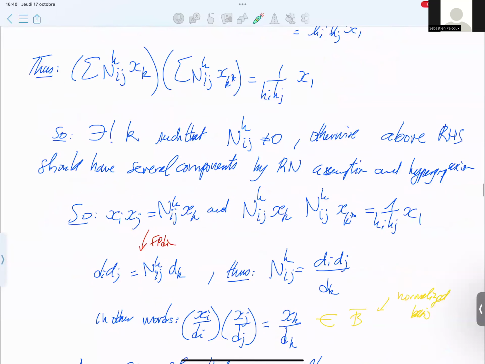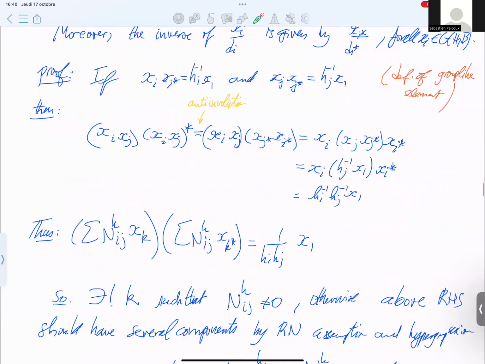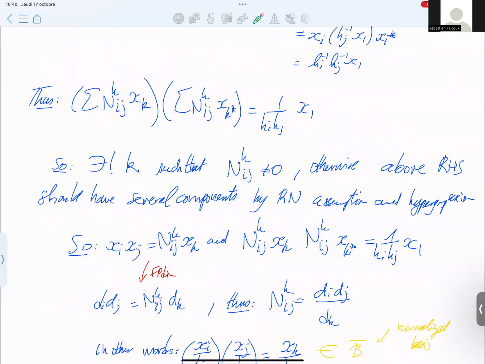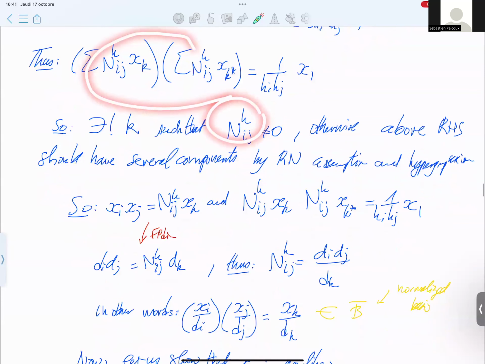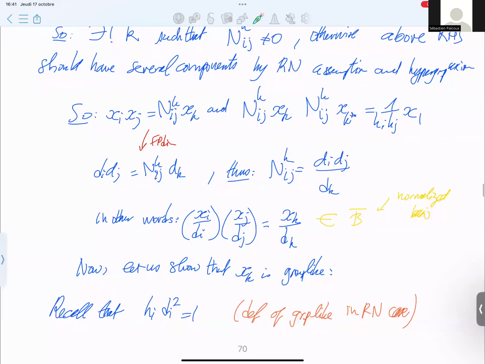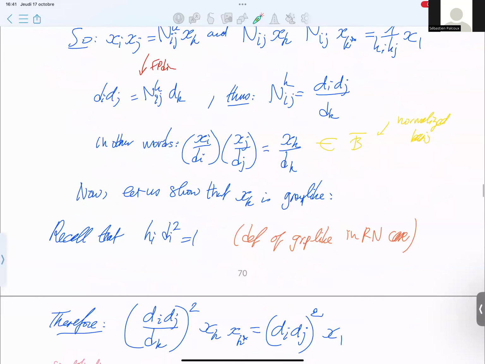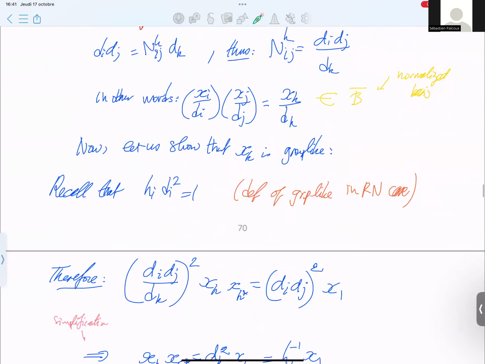So it's not so trivial. Okay, so here we know that it's group-like, so it decomposes only on the unit. So it means that you have something which is non-zero here. Yeah, so the proof is quite long.